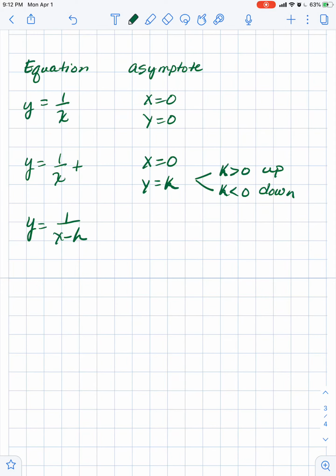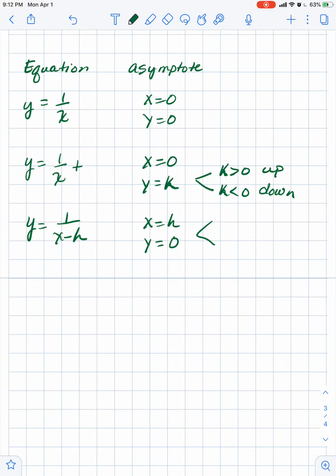Okay, and then same way, if we had it plus h, now that's moved it left or right. And so my new asymptote becomes x equals h, and my other asymptote went back to y equals 0.